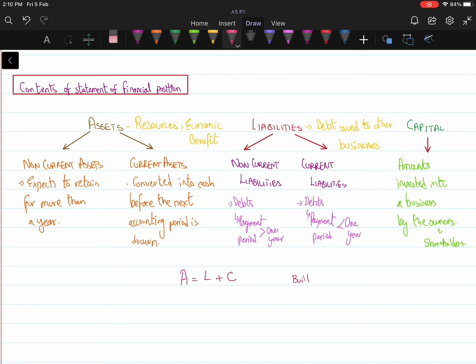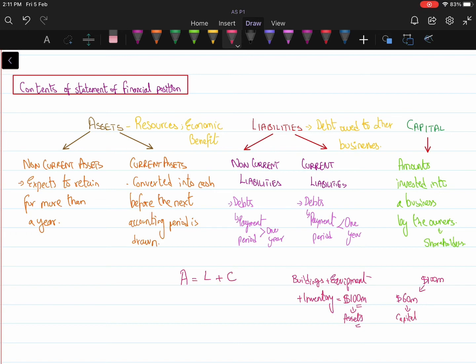So for example, you are investing in buildings, you need to start up your own business, you need buildings, you need equipment, you need inventory, and all these three assets cost a total of 100 million. Now obviously the amount required is 100 million, so you're going to raise this amount. And why do you need this amount? In order to invest in the assets of your business, the buildings, equipment, and inventory. And what you did was that you invested 60 million from your own pocket, from your own savings.